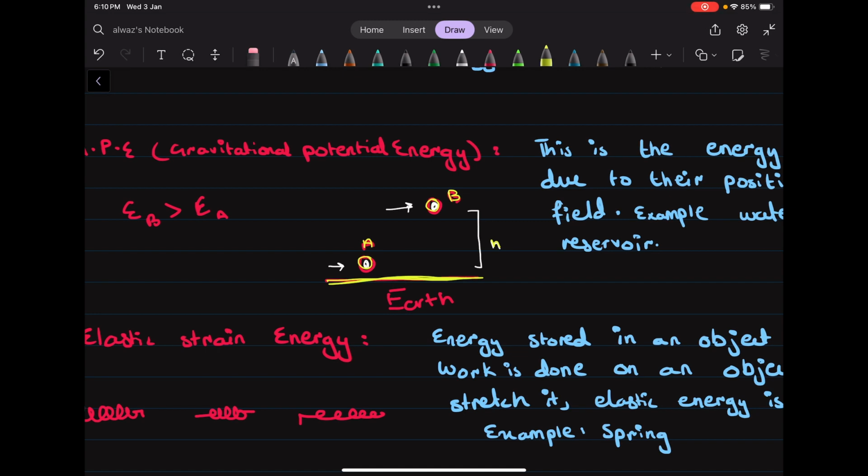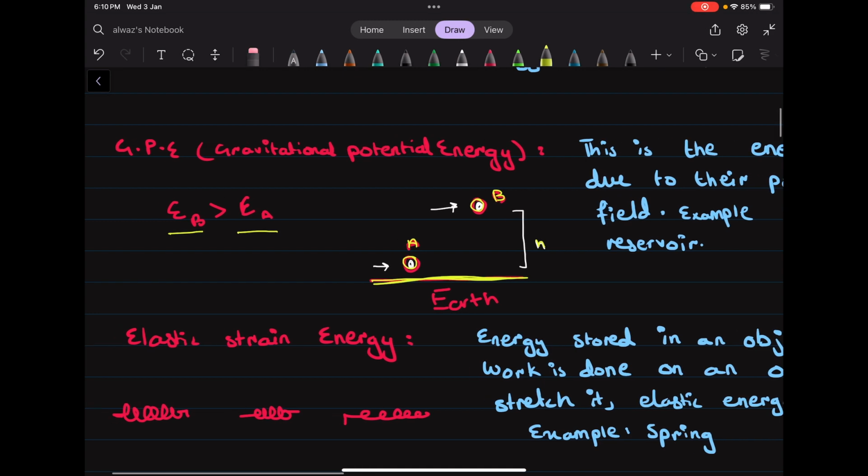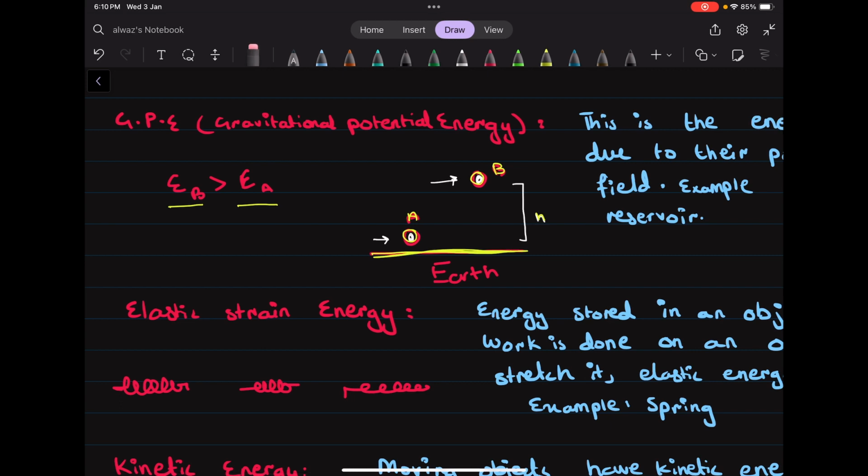So ball B has more gravitational energy as it has a bigger h, while ball A has a lower gravitational potential energy because its height is much lower. So energy of B is greater than energy of A. We're going to talk about its formula and its question examples in much more detail after some time.